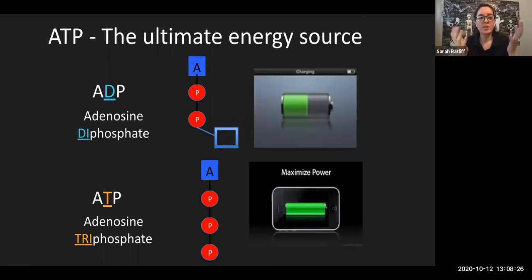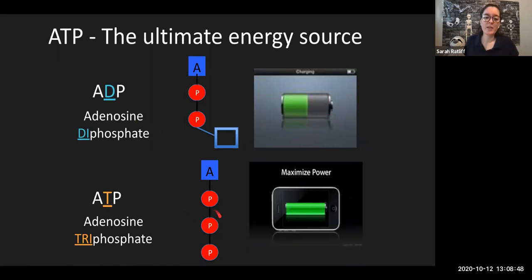All right, so then there's also these energy molecules you may have heard of. ADP, adenosine diphosphate. So using our roots here, di means two. There are two phosphate groups here. And ATP, adenosine triphosphate. Tri meaning three, again our roots.